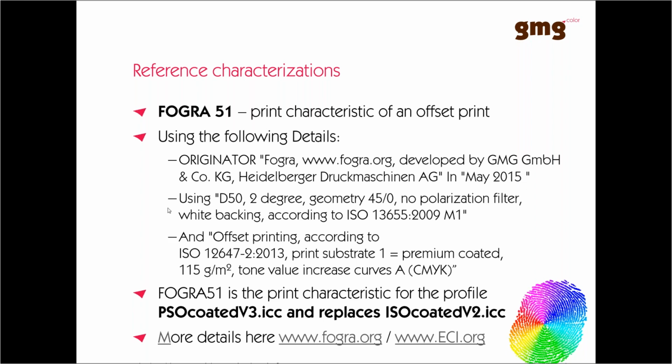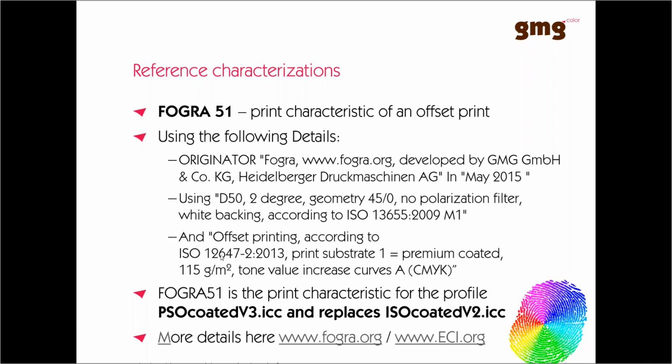And next, it's written here the information about how this characterization set was measured. It was measured with D50 and 2 degrees. It was measured with a geometry of 45/0 without a polarization filter, white backing, according to the ISO standard for the measurement.